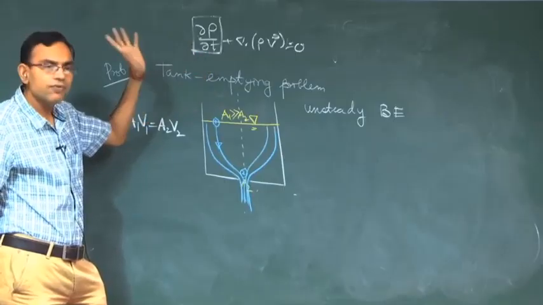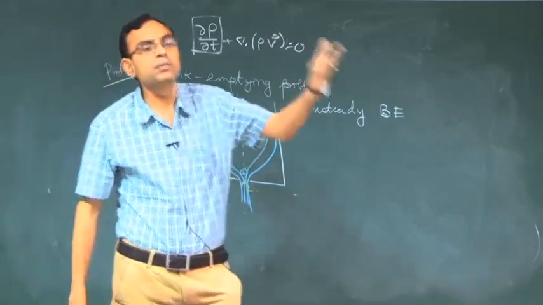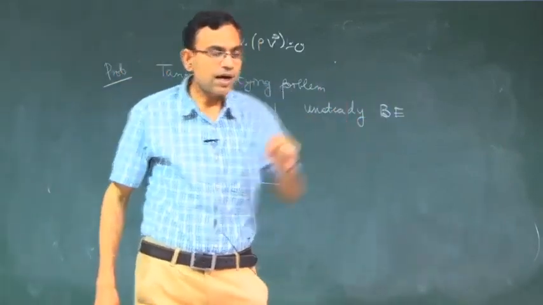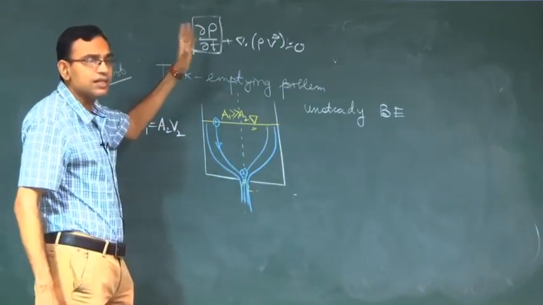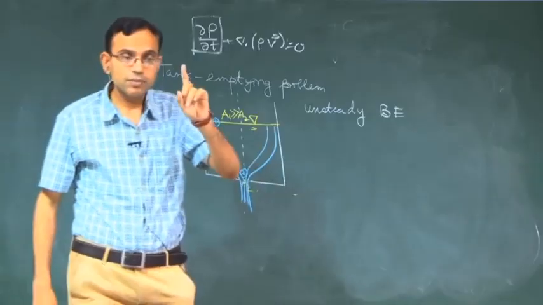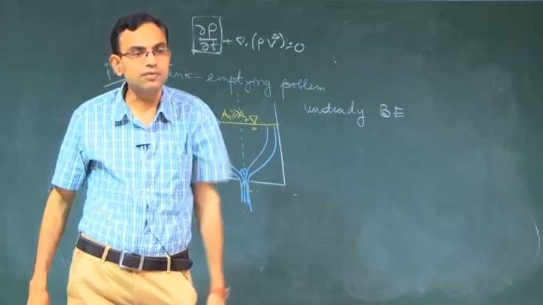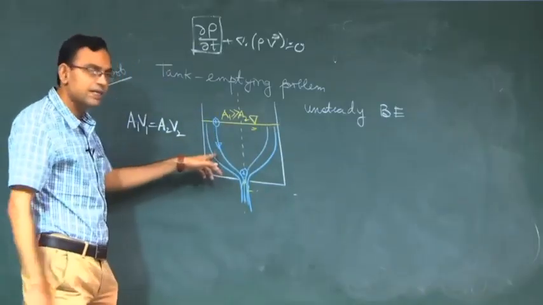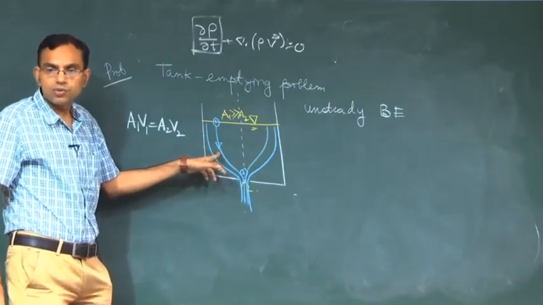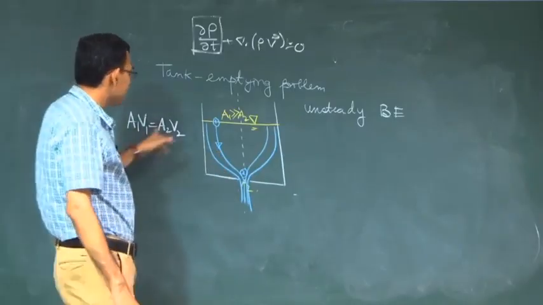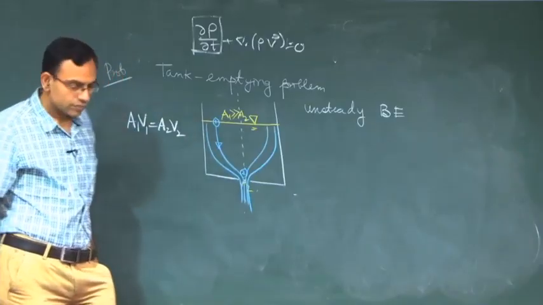One is steady flow, but rho may be variable. The other is a clearer case where rho is constant, it may be unsteady flow, because although rho is constant, velocity may be varying with time, which makes it an unsteady flow. This is such an example: rho constant but unsteady flow. So when you have rho constant but unsteady flow, you have A1 V1 equal to A2 V2.